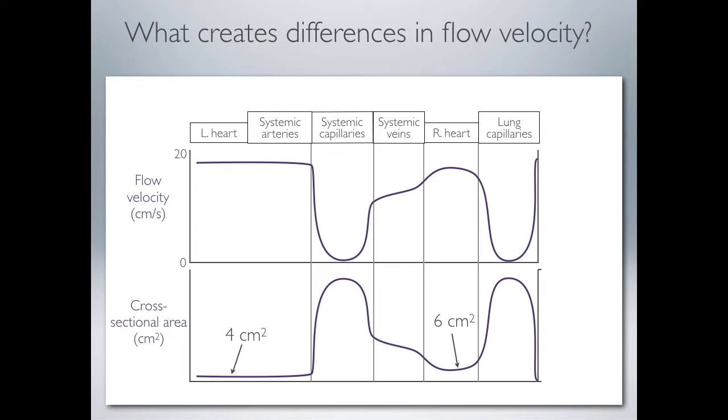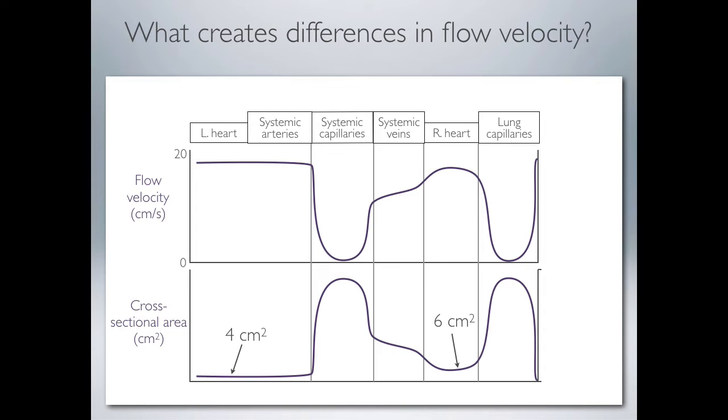But what this graph shows is the cross-sectional area, and this cross-section on the graph is the cross-section of the blood. It's of the space inside of the ventricle. So that cross-section is actually smaller, maybe because its walls are thicker, than the right heart.